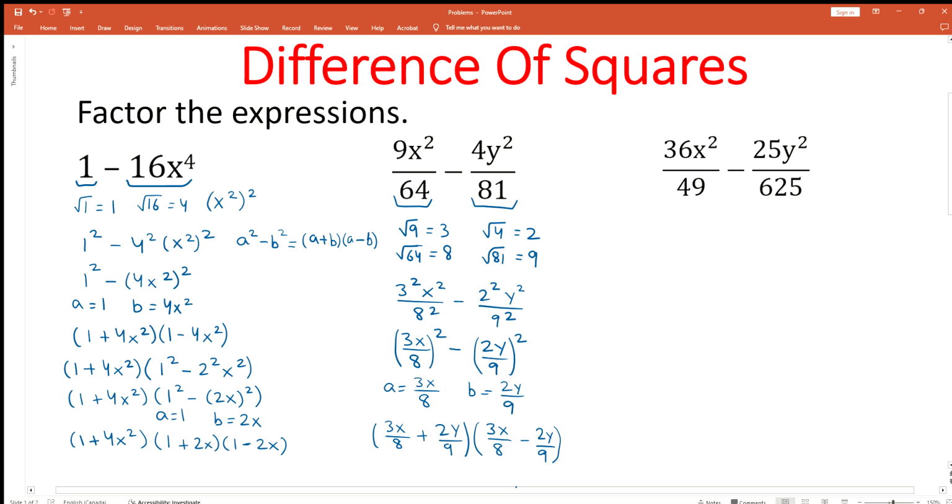Both 25 and 625 are divisible by 25. 625 divided by 25 is equal to 25. We can rewrite this expression as shown. 1y squared is equal to y squared.